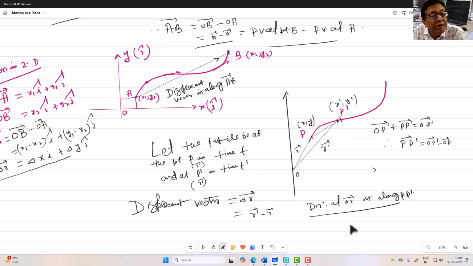Then delta R, how can I write? Like the previous example, we write once more R dash minus R, that is delta R.